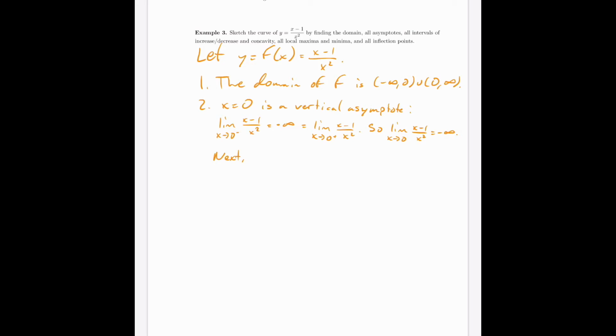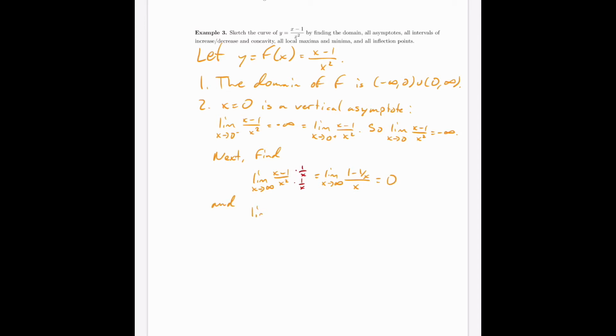Next, to find the horizontal asymptote, we find the limit as x approaches infinity of f of x. Note that we're going to have an indeterminate form if we just plug in infinity. However, we can multiply the top and the bottom by 1 over x. And we see that we get 1 minus 1 over x, and that is 0.